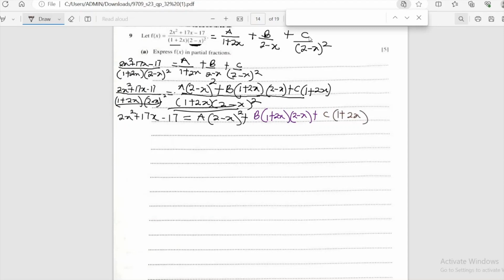Now the one in black is for A, blue is for B, and lilac is for C.